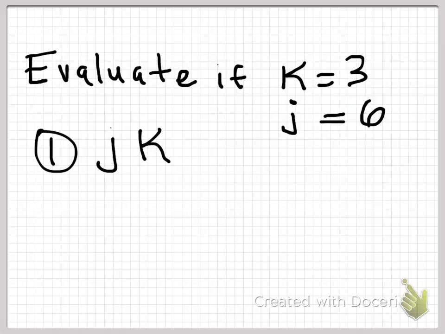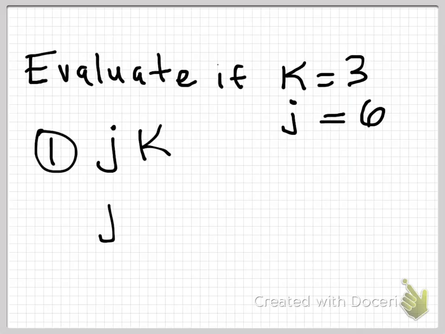So that means that when I have JK, what's the operation that's being done? You don't have these two letters next to each other with a plus sign in between. So you already know that these are actually being multiplied. Well, how do I multiply these? Let me remove that line so that you don't get confused.